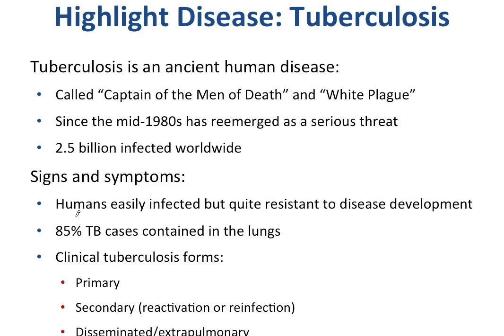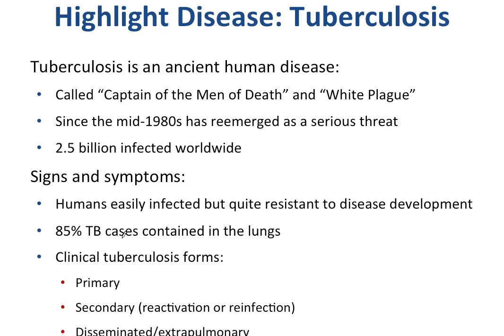Since humans can easily get infections, however, most people can get immunity against these bacteria. So in 85% of cases, after infection, the tuberculosis can be contained in the lung.